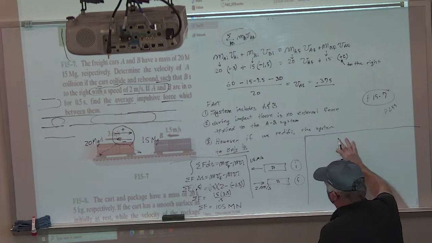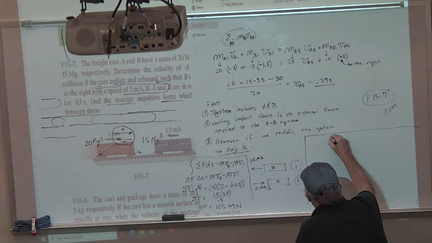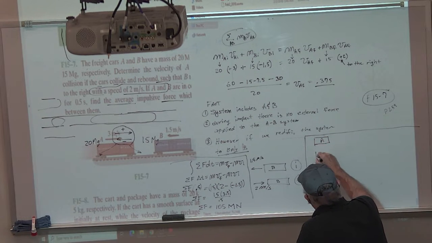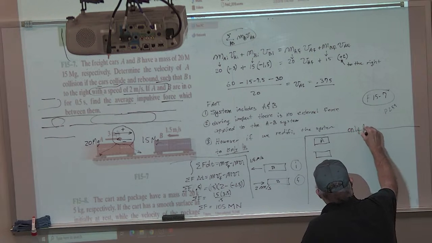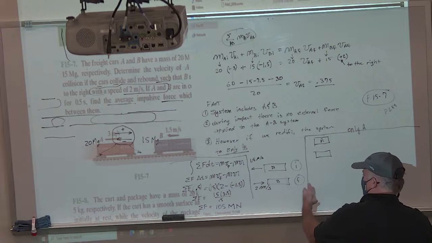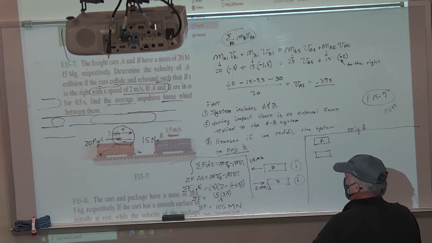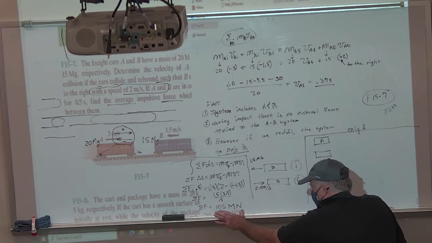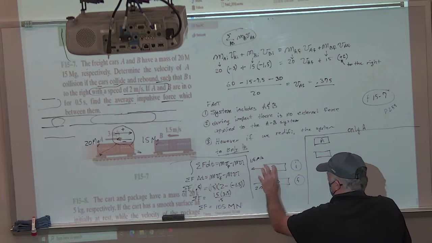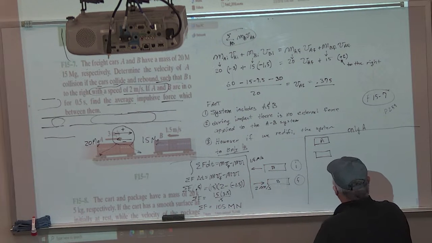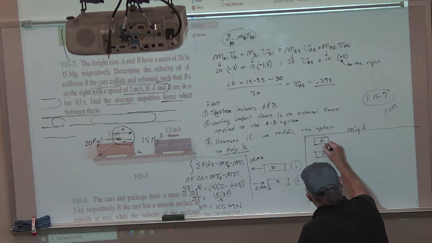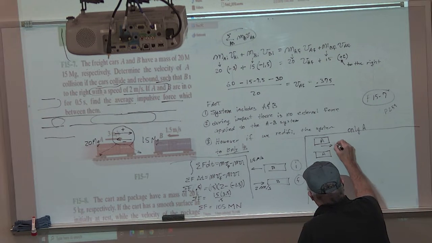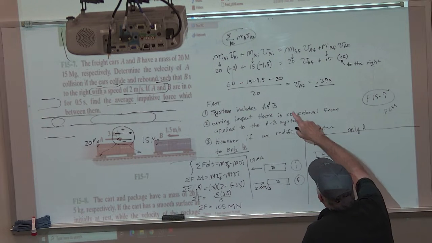The concept here is, let's look at doing the system off of A. So this is with only A. Do we get a different answer here? This one should be the force applied to B during the impact. Here we have A, which initially moves to the right at 3.